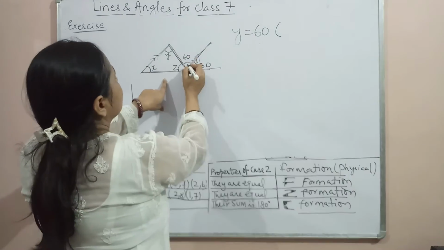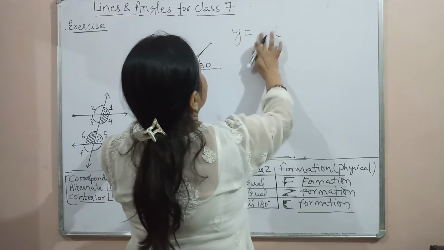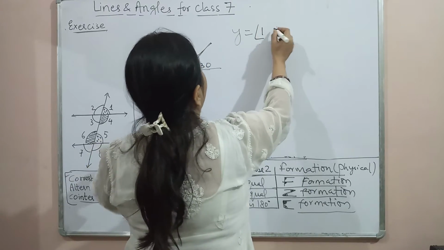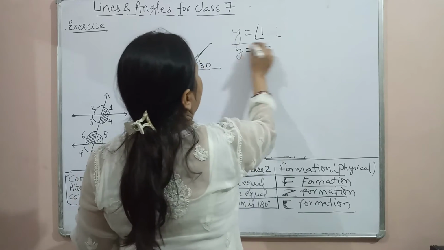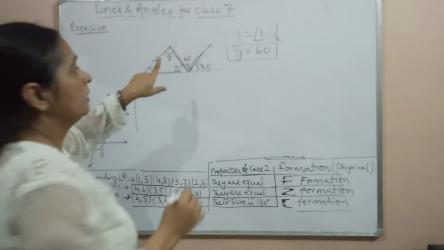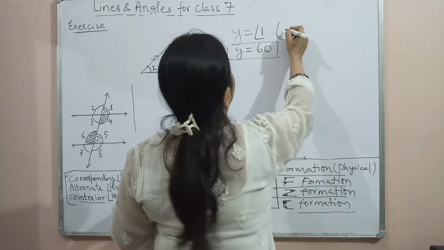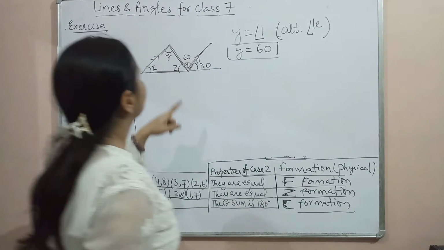Alright, Y, suppose we have given it the name 1, so we can say Y is equal to angle 1, which means Y is equal to 60 degrees, and Y is angle 1 equal to Y because of alternate angles.